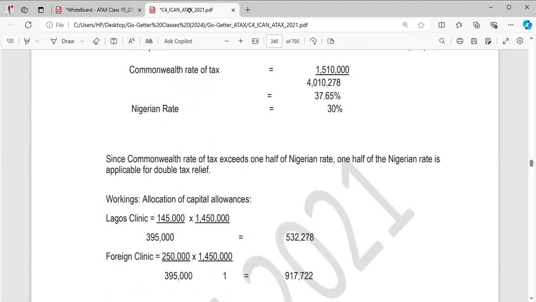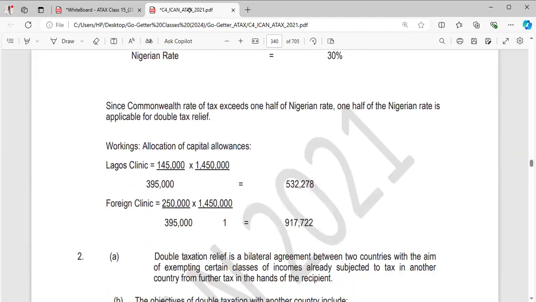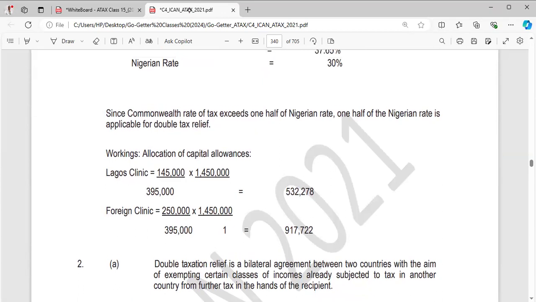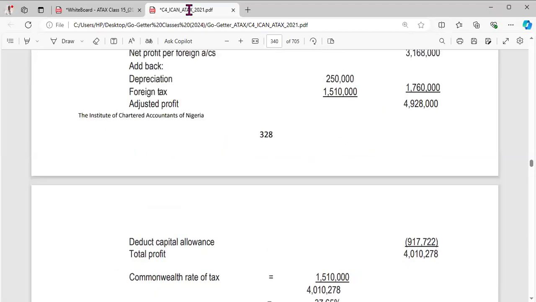Allocation of capital allowance 145. The capital allowance is 1450, and we use 145 250. Where is the 145 and the 250 coming from?